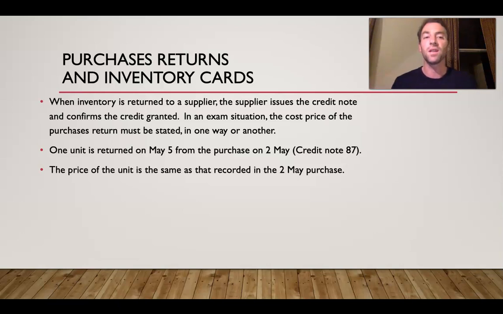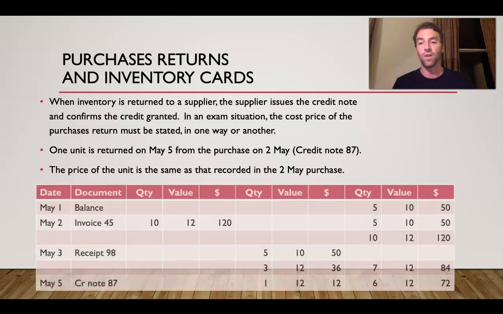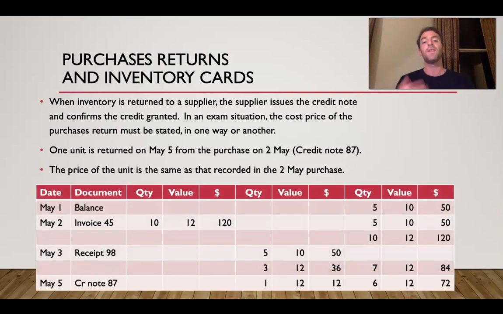It might not be as clear as just the cost price is $100 or $50 in this case, maybe, but it might tell you the one that is returned is from a purchase on the 2nd of May, for example. So if we look at this inventory card, you can see that there have been transactions in on the 2nd of May and a transaction out on the 3rd of May.